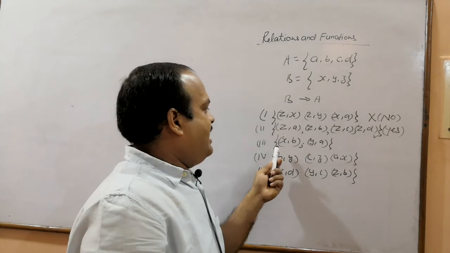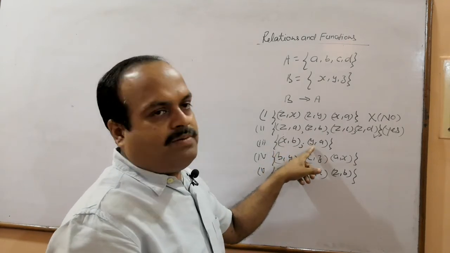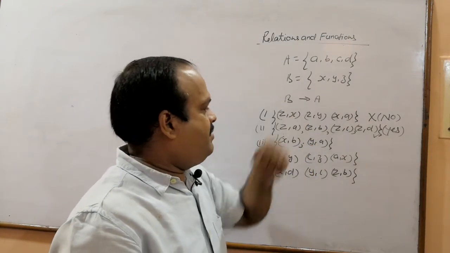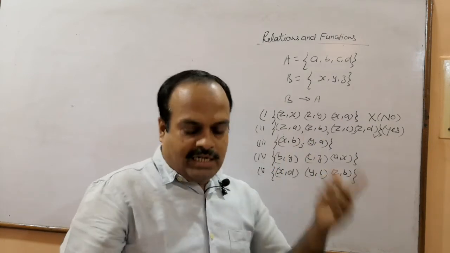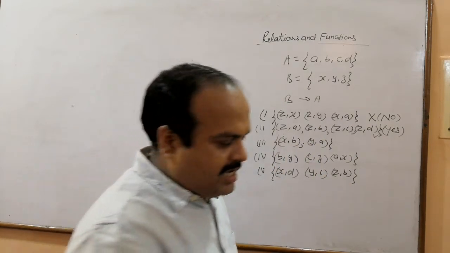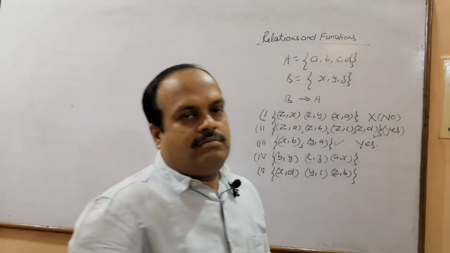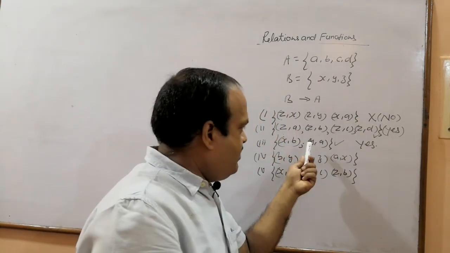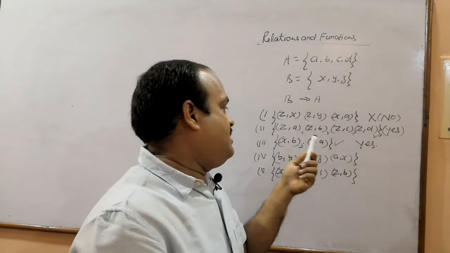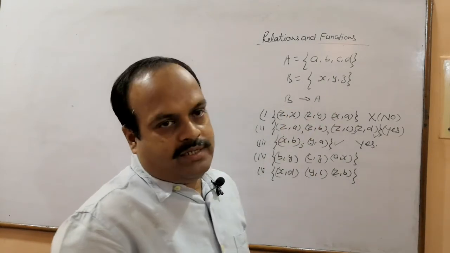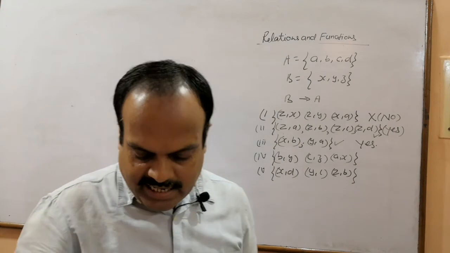Third one, first entry from B, second entry from A. Yes, this can be the relation from B to A using the elements of B and A.